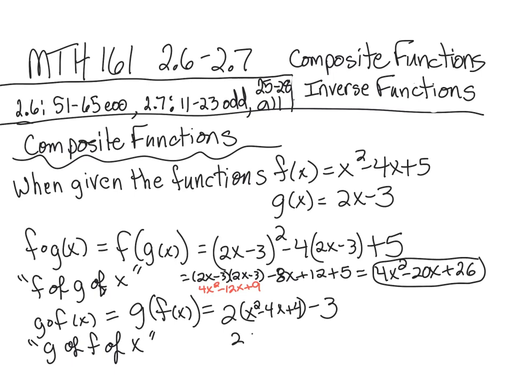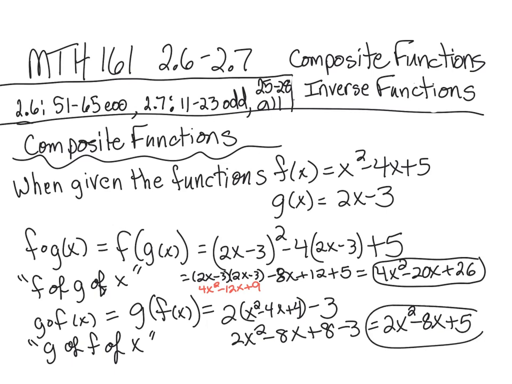So you distribute that 2 and combine like terms, and you get a brand new function. So that's all that composite functions are. You're just taking one function as your outside, copy the structure, and then cram the inside function into those parentheses and make sure you simplify. If you don't simplify it all the way down, then you haven't worked the problem.